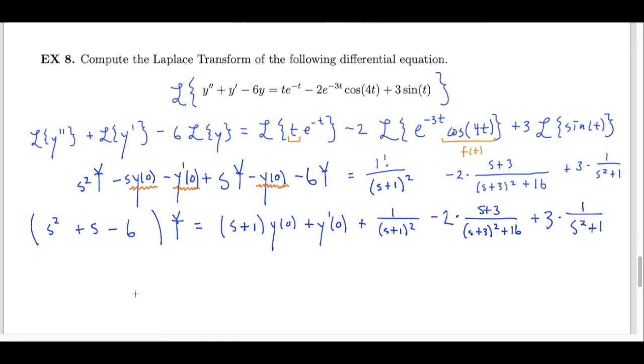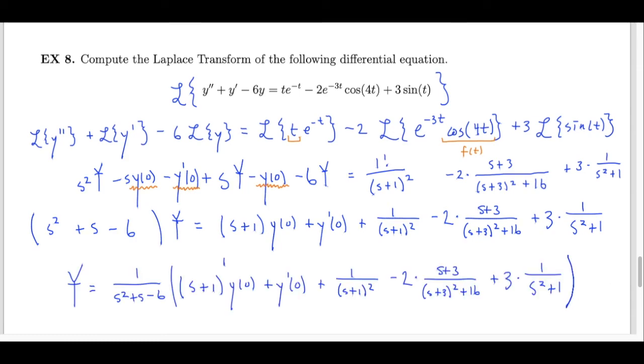First, let me point out that this quadratic s squared plus s minus 6 is exactly the same as the characteristic polynomial of the homogeneous version of our differential equation. And that is no coincidence. That should always happen in this type of problem. And then the last thing I'll do is let me actually divide by this quadratic.